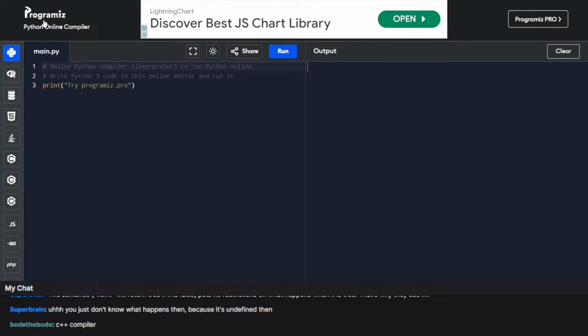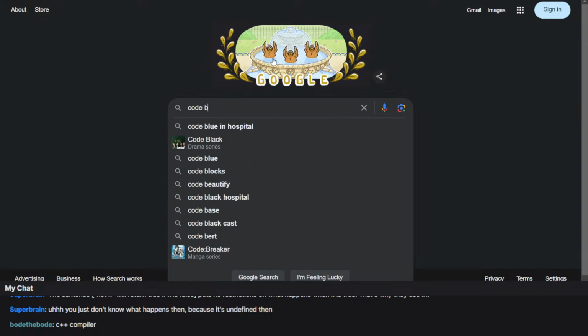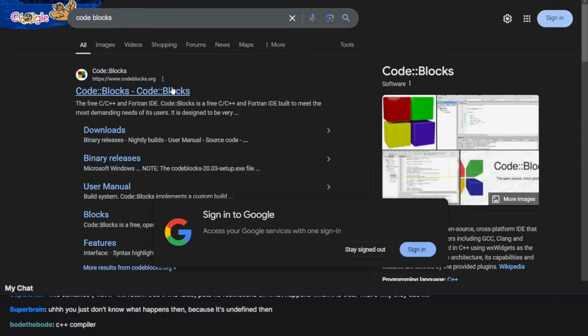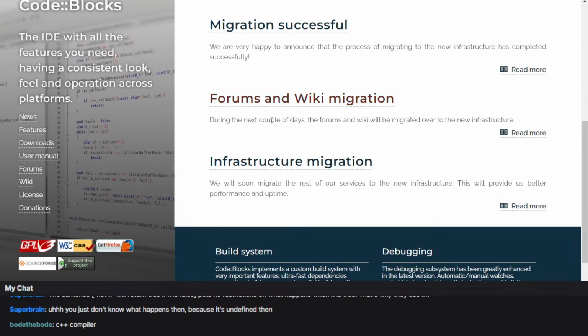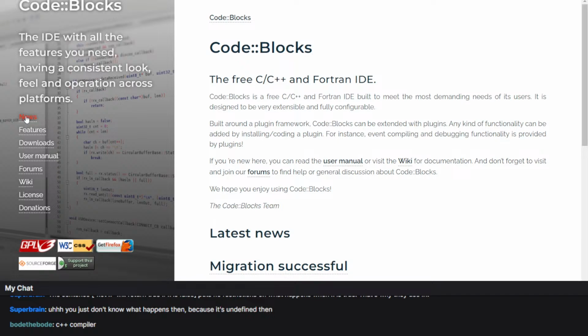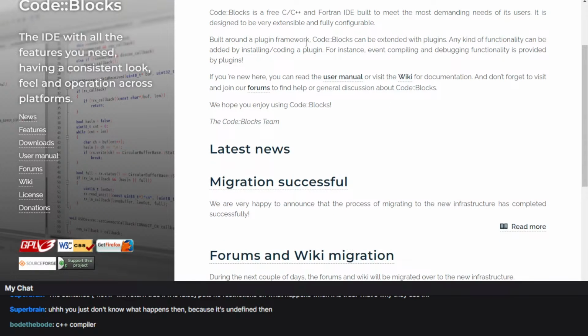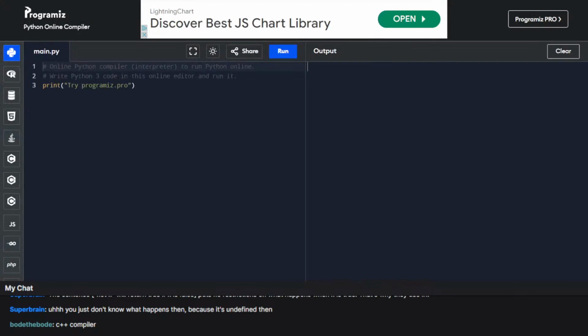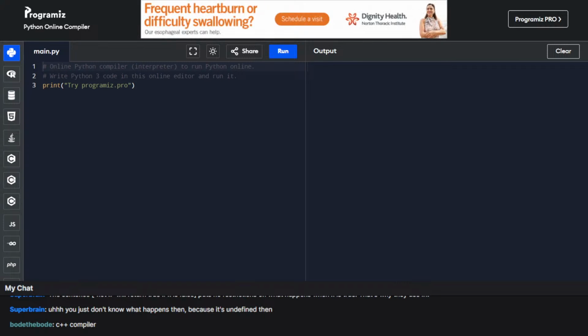You already sent this link, but this site's name is ProgramMiz and not CodeBox. Where's CodeBox? Oh, this is another one, right? Maybe for C or something. Oh, it's just an IDE. Okay. Gotcha.